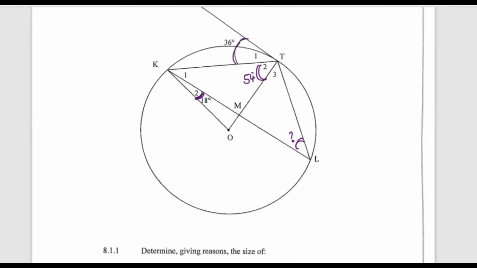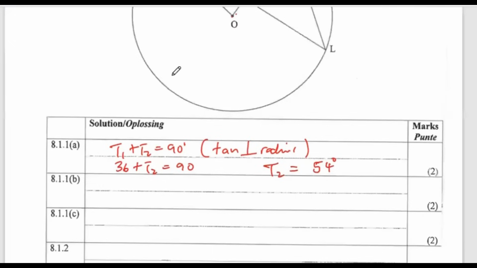Now, one thing we can also see is that since triangle KLT is touching the ends of the circle, and this angle is between the tangent and the chord, it must be equal to that. So I'm just going to say that L is 36. The reason is because of the tan chord.